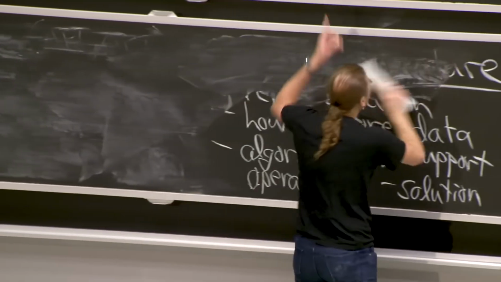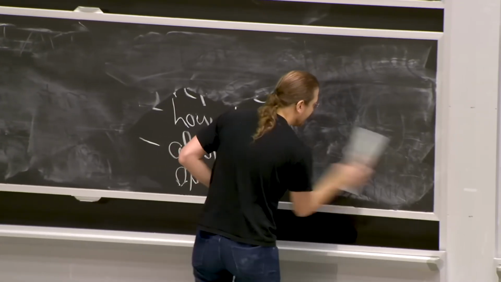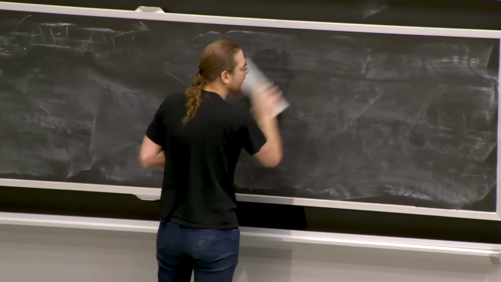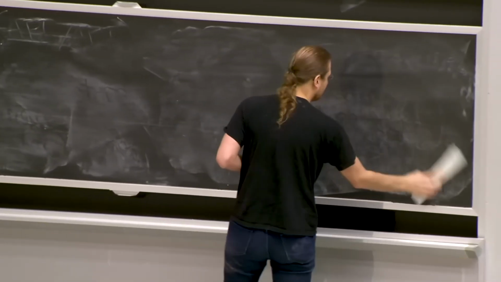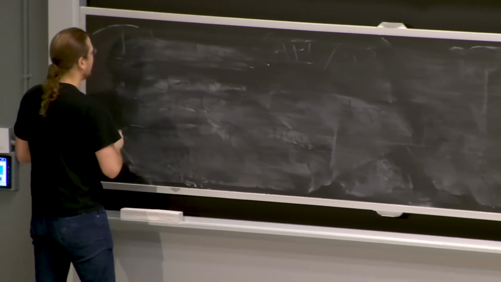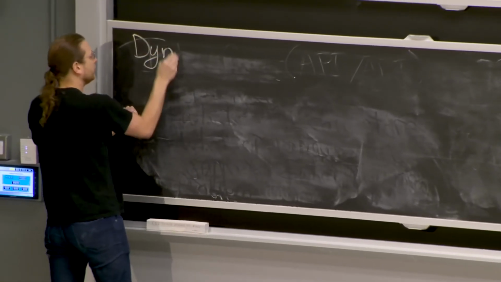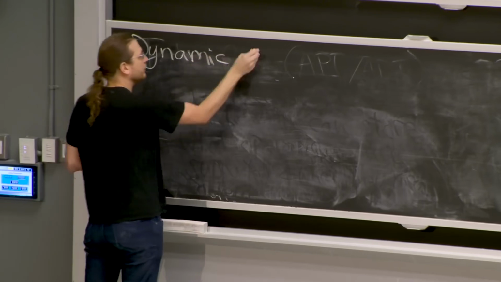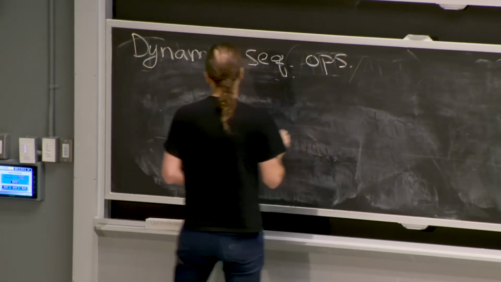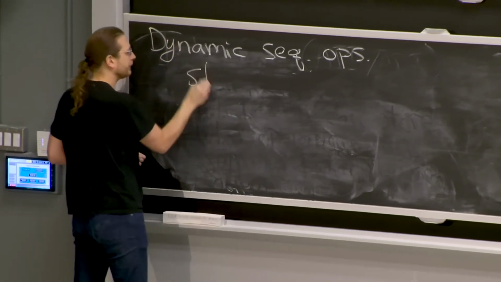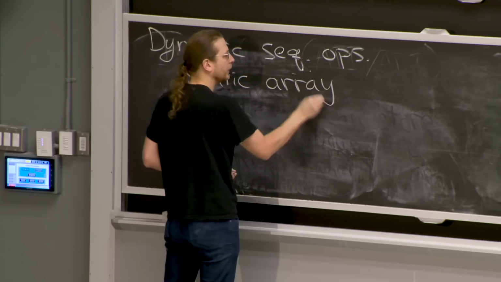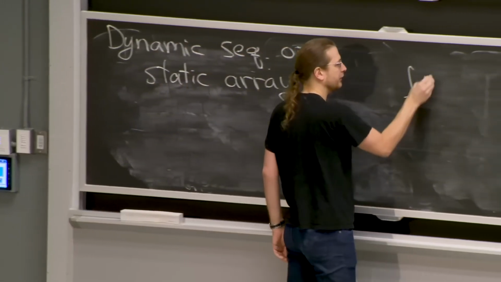Our goal is the next data structure, which is dynamic arrays. But linked lists and static arrays each have their advantages. So let's first analyze dynamic sequence operations, first on a static array, and then on a linked list.